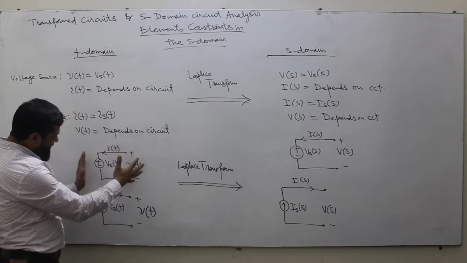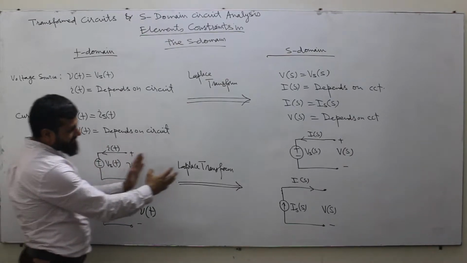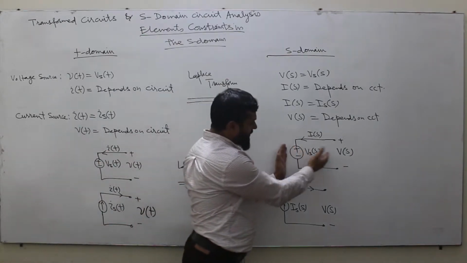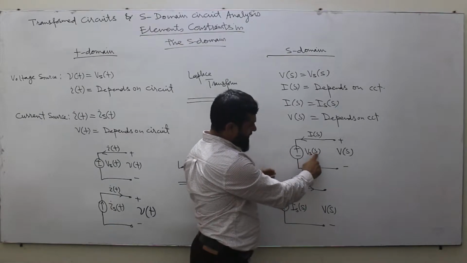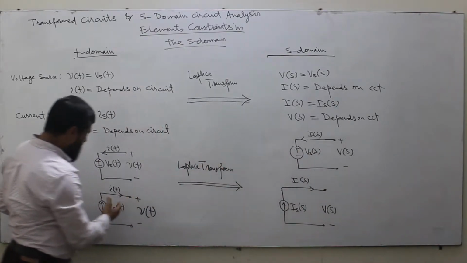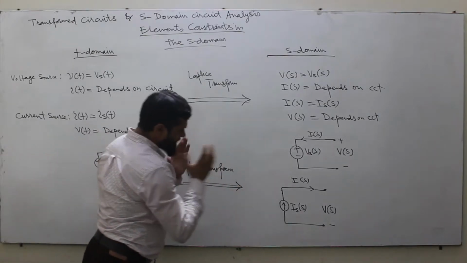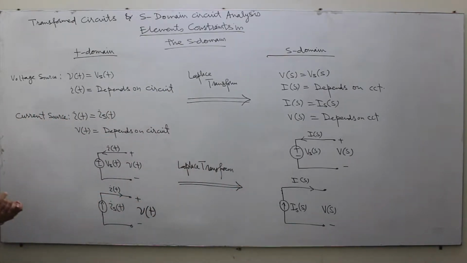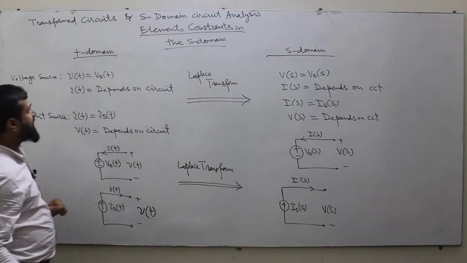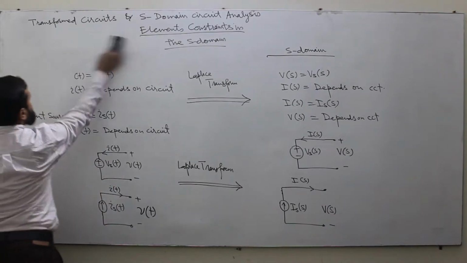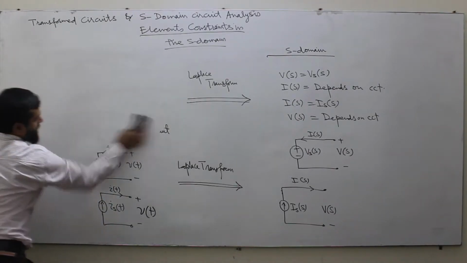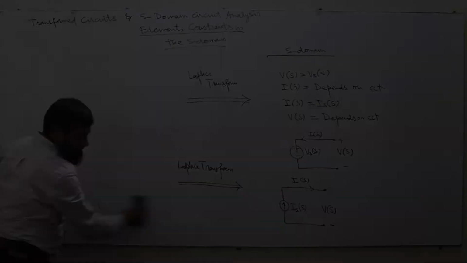This is in the time domain, and after the Laplace transformation, those can be represented in the S-domain, just by replacing. It is the same for the current source, shown in the S-domain. And after having done this, we will now see some more theoretical concepts.